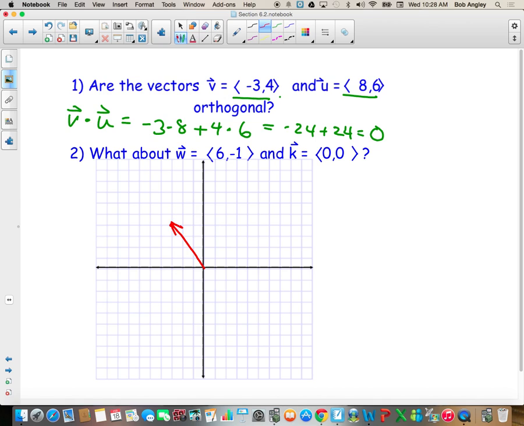Now if we do 8, 6, this is 8, 1, 2, 3, 4, 5, 6, that's here. So now if I come straight up to there, then what they're saying is that angle is going to be a right angle.